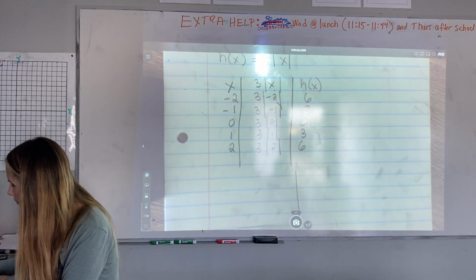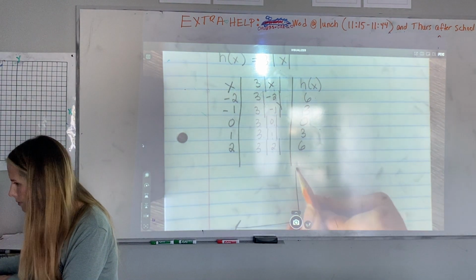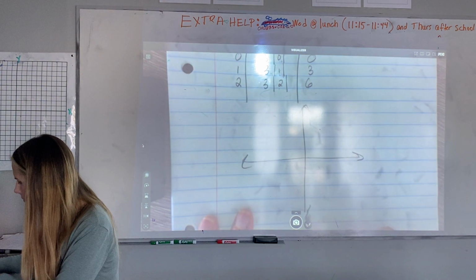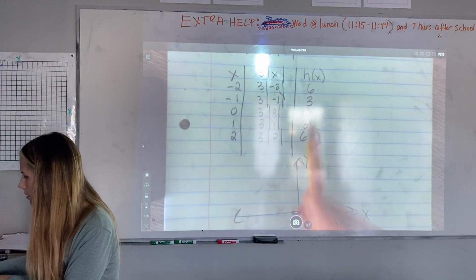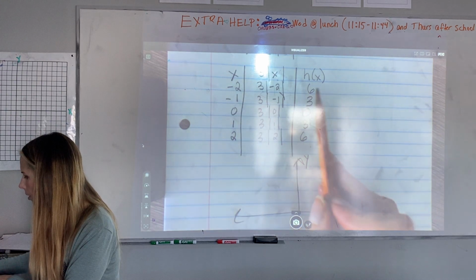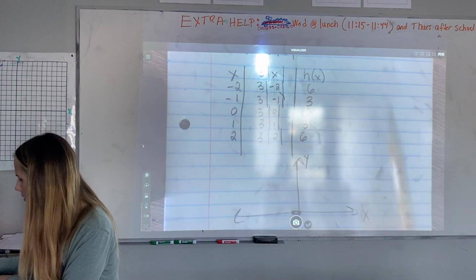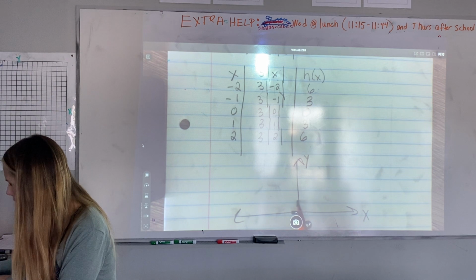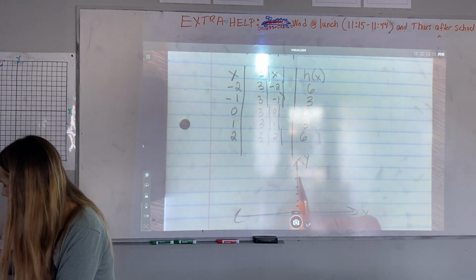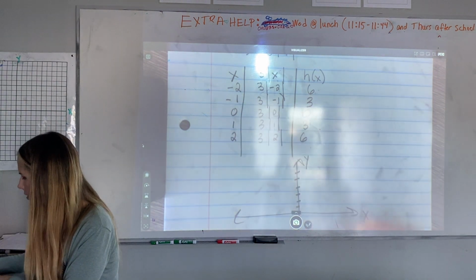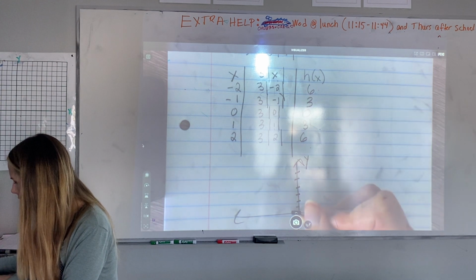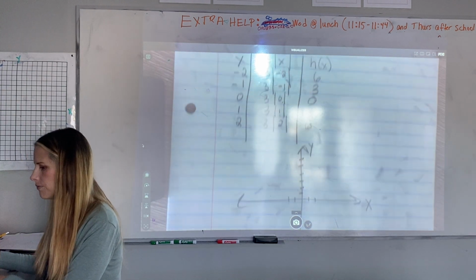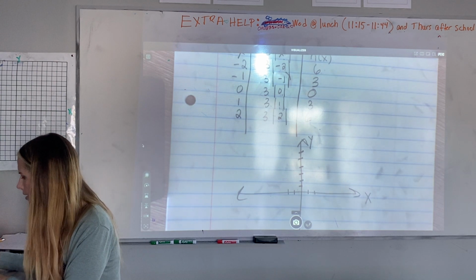So when we graph that, my Y needs to go as high as 6, so let's go 1, 2, 3, 4, 5, 6. And my X value is 1, 2. I only need to go as far as +2 and -2.